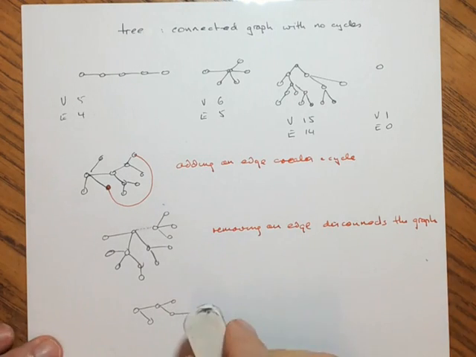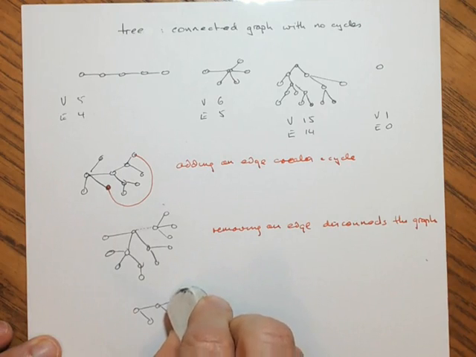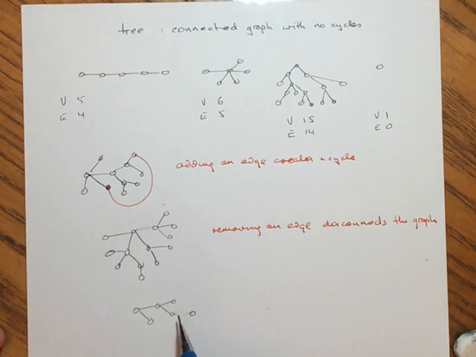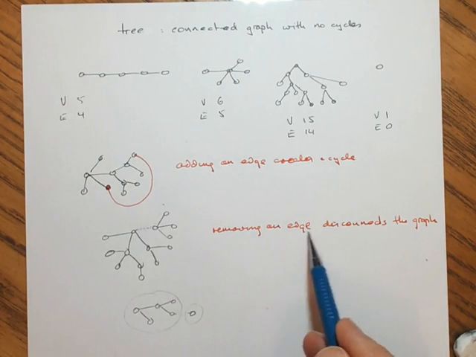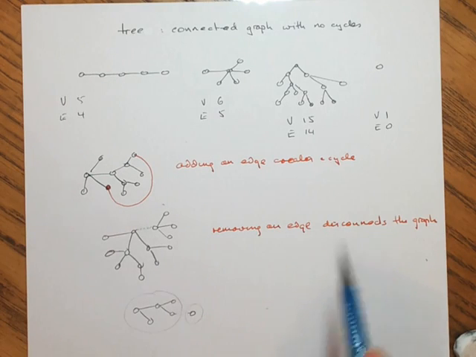What happens? Okay, we remove that edge, and immediately you see that I end up with two pieces. It's just that one of the pieces has only one vertex in it. So this idea of removing an edge disconnects the graph also applies to an edge that looks like this.